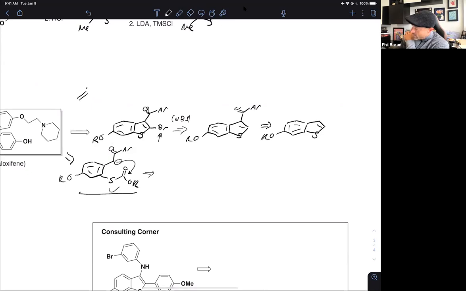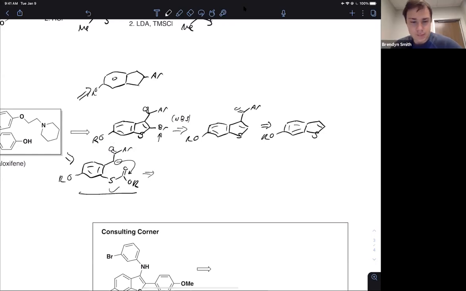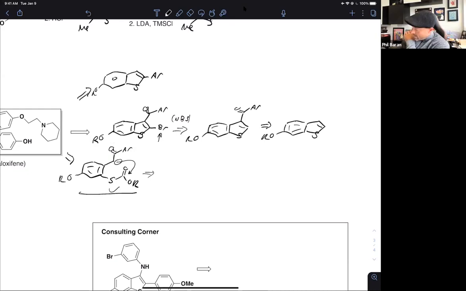Aha, that's interesting. If we unpull what she just said, it leads us back to the AR here. We do a Friedel-Crafts then. And so how do we put that together? Can we just use 1,4-dicarbonyl logic and imagine that it comes from something like that upon treatment with acid?